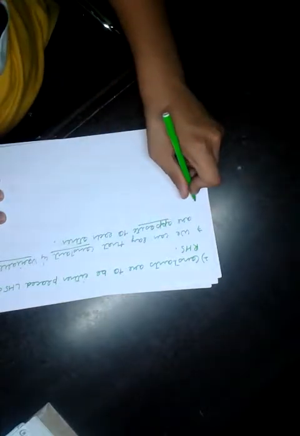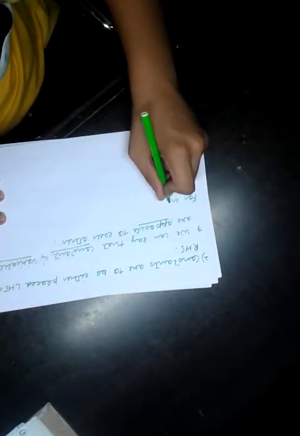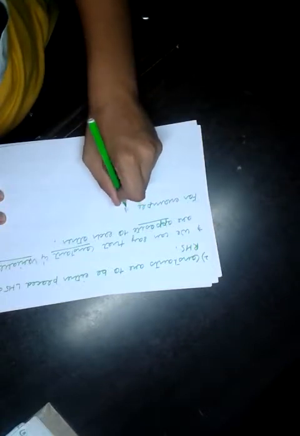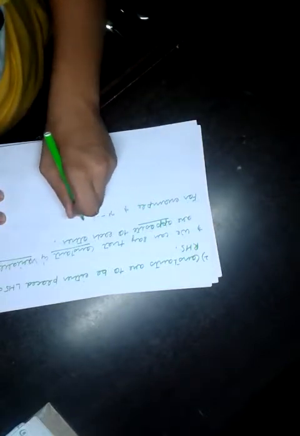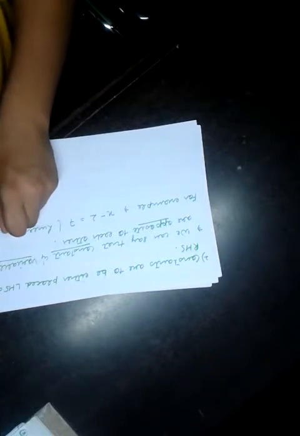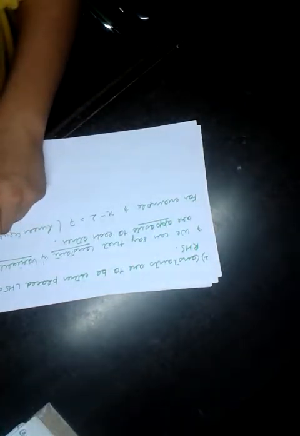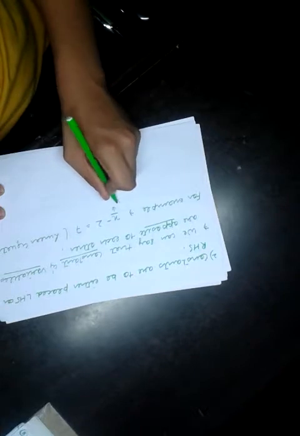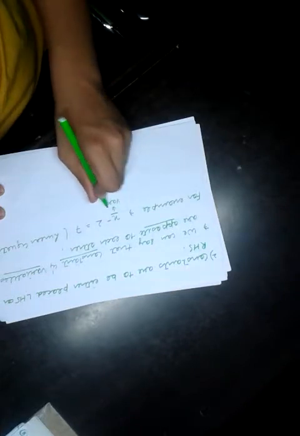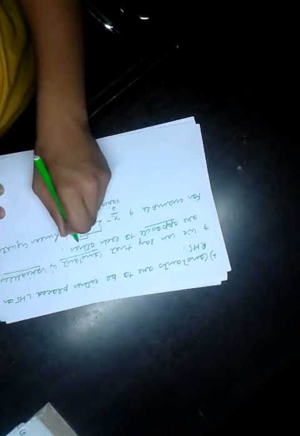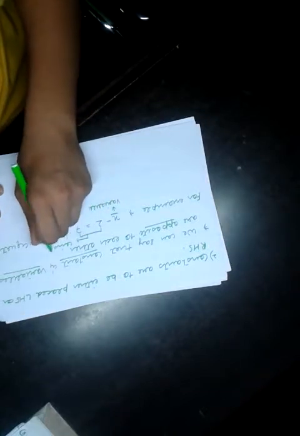So let us take the first example. Let us take x minus 2 is equal to 7. This is a linear equation. So let us solve this. Let us mark this as a variable. These are constants.